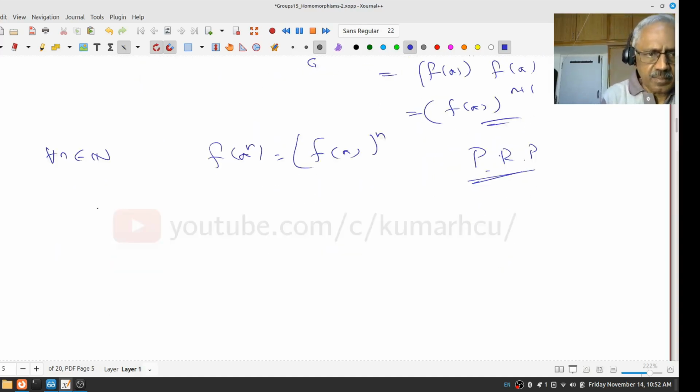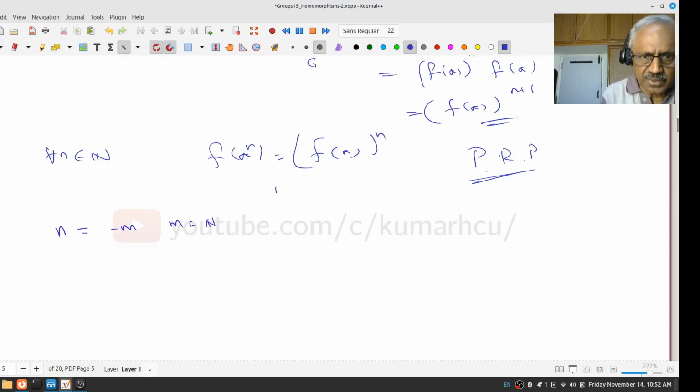Yeah, but what happens if n is negative? Suppose n equals minus m, where m is a natural number. Notice that when n equals 0, there is nothing much to prove, because f of a power 0 is f of the identity, which is the identity.